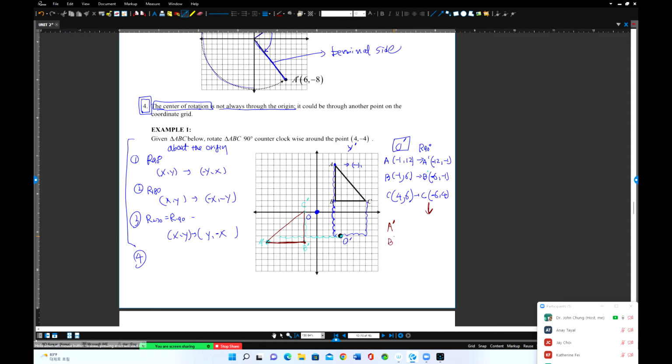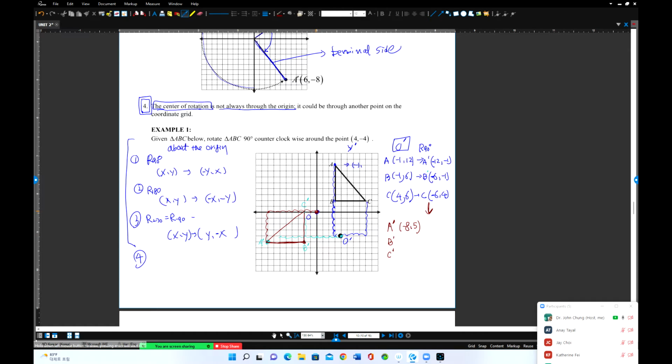A prime, B prime, C prime on this x coordinate. What is A? 1, 2, now count again. 1, 2, 3, 4, 5, 6, 7, 8. Down 1, 2, 3, 4, 5. So negative 8 and 5. This is the real coordinate at the origin. What about B prime?